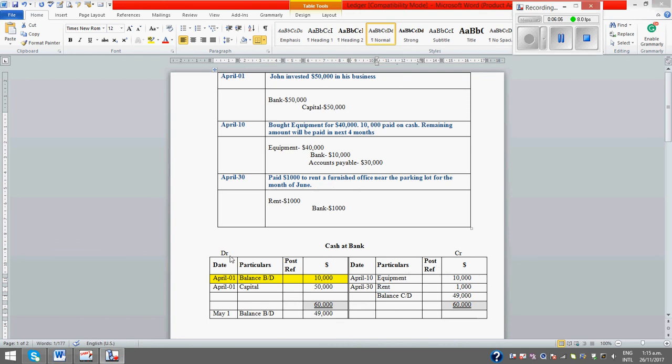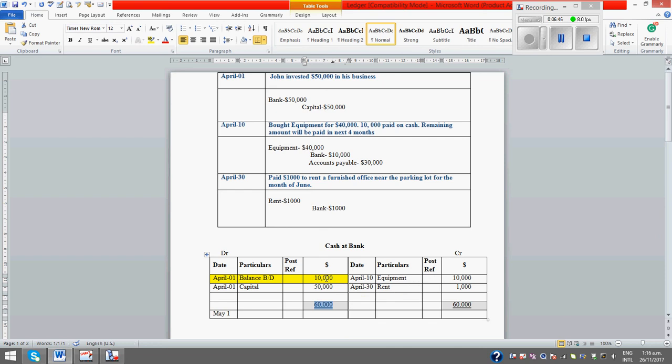As you can see, in a ledger you have two sides. The left hand side is called the debit side and the right hand side is called the credit side. If you look at both sides, which side do you think is bigger? On the left hand side you have $10,000 balance brought down from last month, then you have $50,000. So we need to add these. 10,000 plus 50,000, we have 60,000. When you get 60,000 on one side, you need to write the same 60,000 on the other side, which is the credit side.